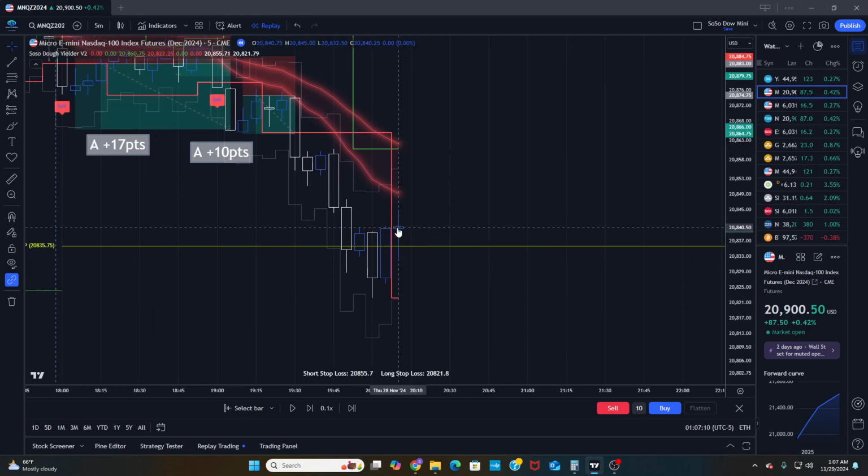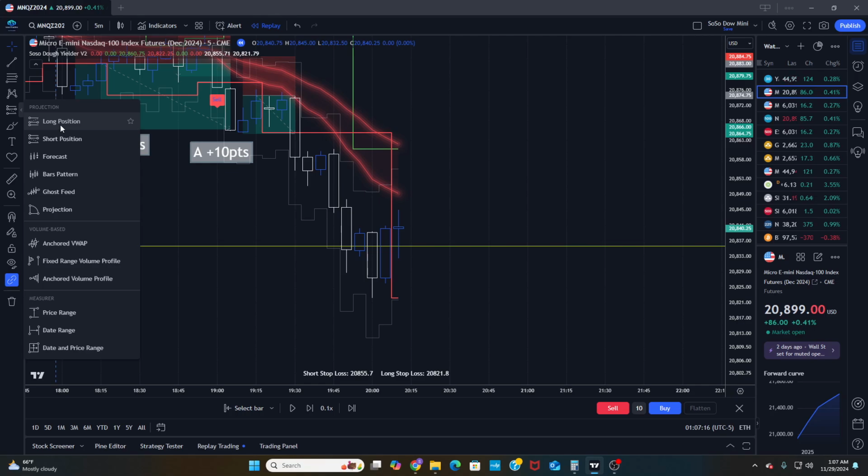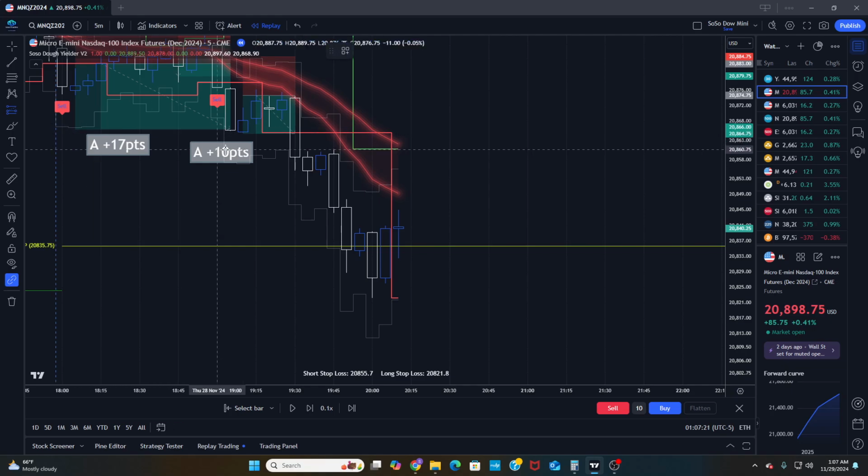So now at the close of this candle, the red level has come down below. So that's what you're waiting for. You're waiting for this 5-minute candle to close. And since the green level crossed down below the red level, we're looking for a long entry here. It's basically signs of a possible reversal.